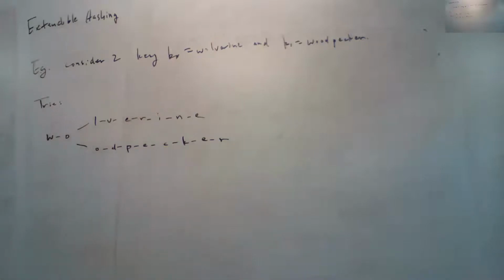And so you see what I mean about the fact that once we get past WO, there's really no point in having that long branch for the rest of Wolverine or the rest of Woodpecker because it's not differentiating anything. It's just a single branch, a single path that's sitting out there taking up space.